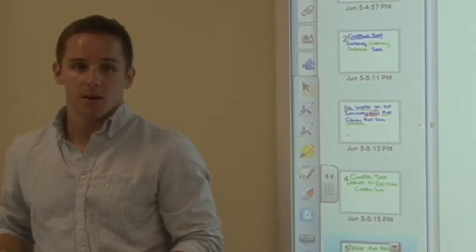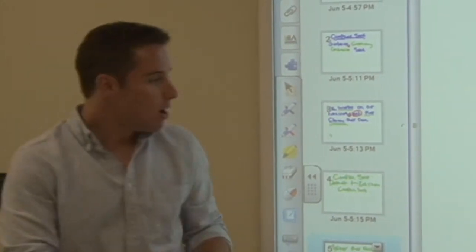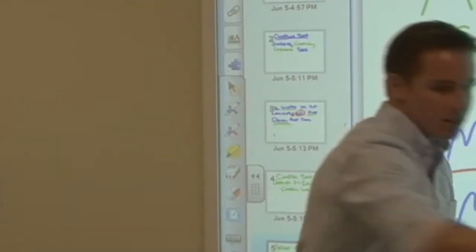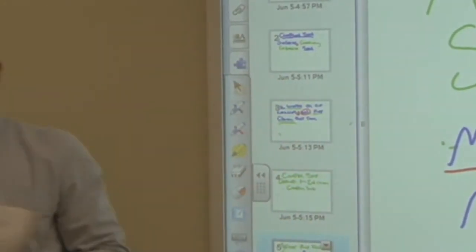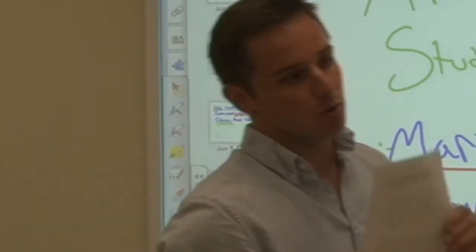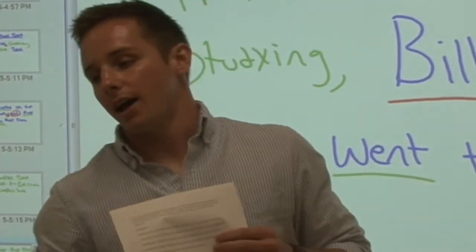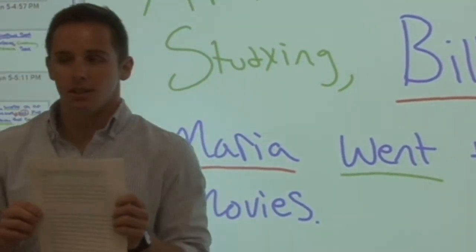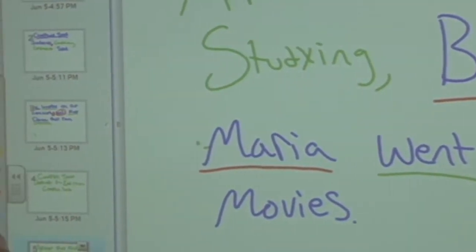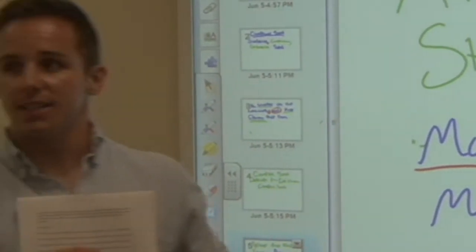Okay, now that we have discussed the three types of sentences, I want you to apply what we've learned. So this is a fun little worksheet with two short paragraphs in it. I am going to ask you to carefully read these and go through and identify each sentence as either simple, compound, or complex.